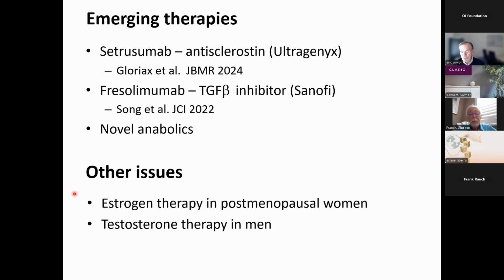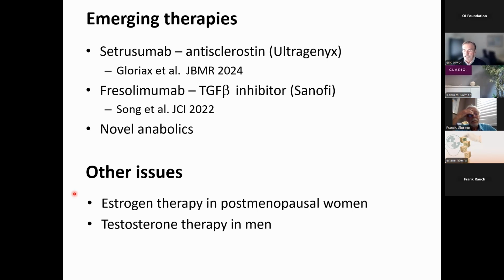TGF-beta, excess TGF-beta, is thought to have adverse effects in bone in OI. So inhibiting TGF-beta is the hypothesis that's being tested in very early clinical trials with a TGF-beta inhibitor.